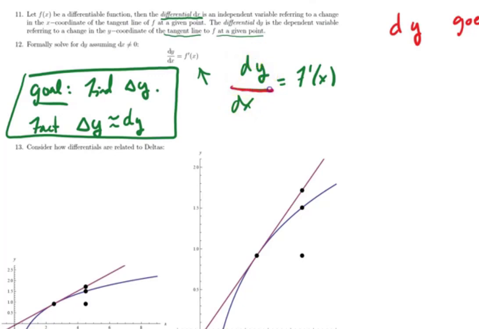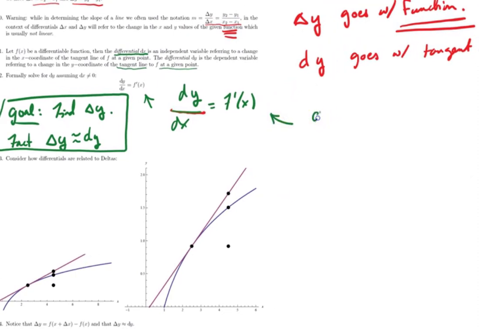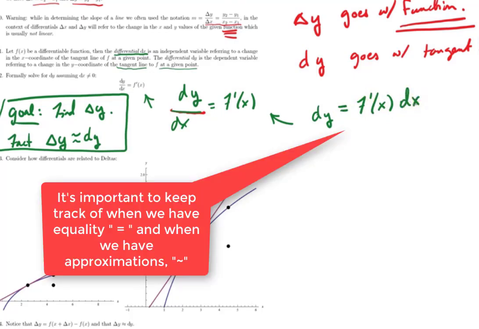I've got one element divided by another element. So I'm actually going to treat this as if it's a numerator, and I'm going to treat this as if it's a denominator, which is sort of a clever little trick of notation, I guess. So I'm going to say that differential y, if I multiply both sides by differential x, then I get that differential y is equal to f prime of x times differential x. And this is going to be the way we calculate differential y.